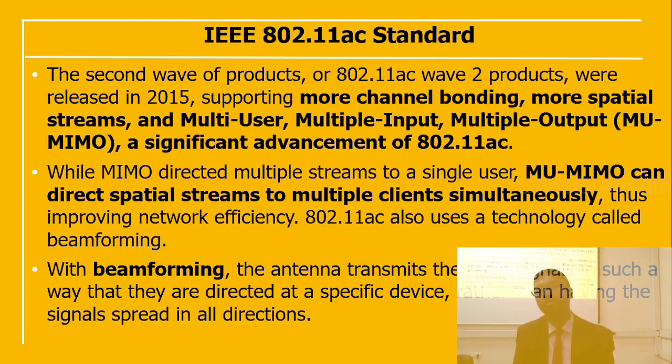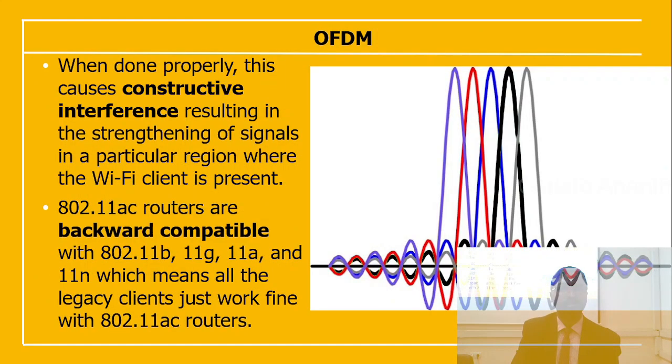So 802.11ac uses a technology called beamforming. With beamforming, the antenna transmits the radio signals in such a way that they are directed at a specific device rather than having the signals spread in all directions.